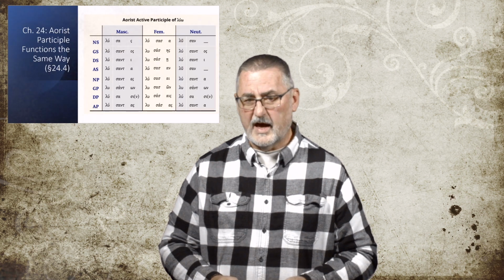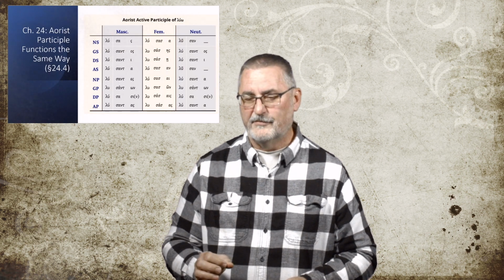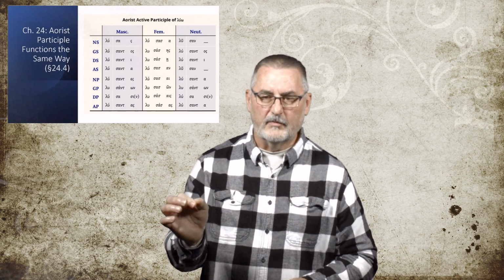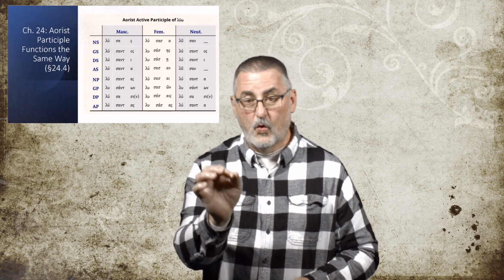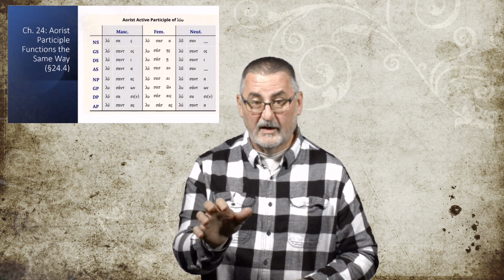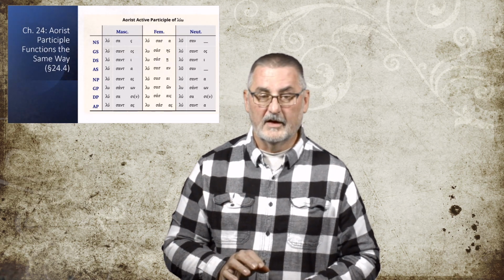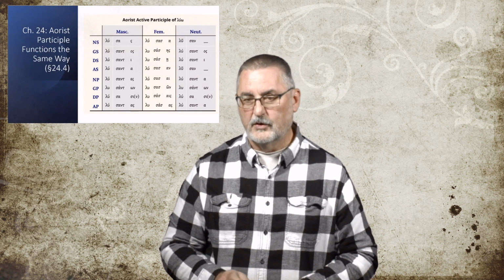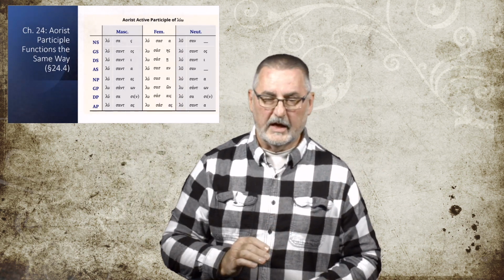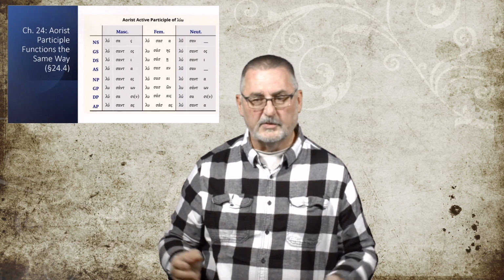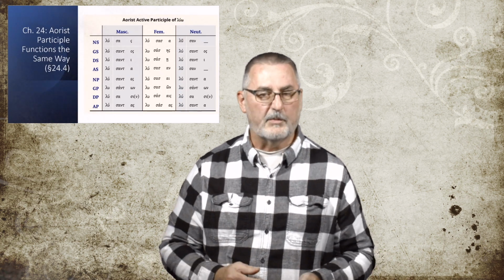And notice that we also have the new tau participle form marker there. In the feminine, the ous is modified slightly. We've got the sasa, okay? We can see that this also is a 3-1-3 pattern. And so the aorist participle is going to work exactly the same way the present participle works.